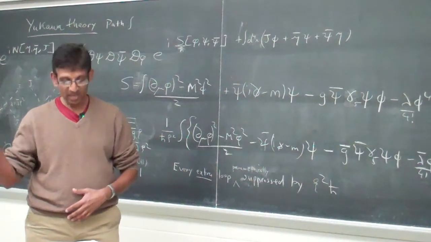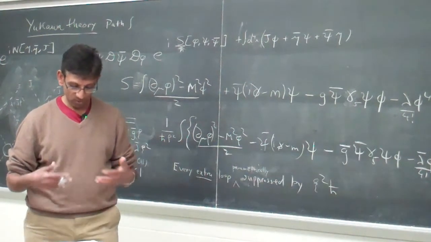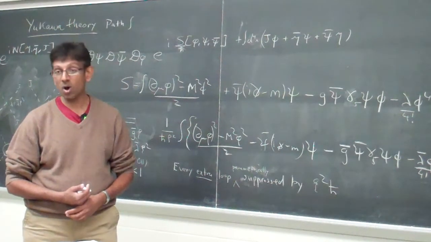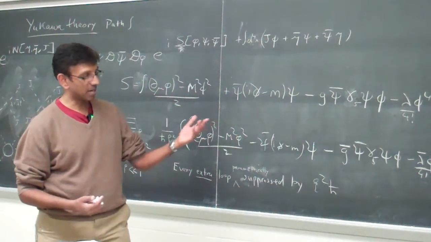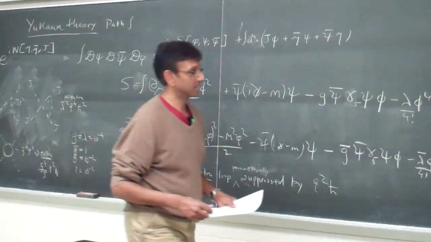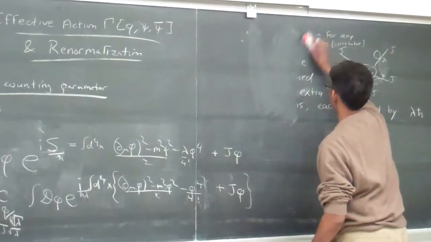You can do WKB and various other semi-classical methods. In the path integral, there's a uniform way of seeing why something would ever be classical, even though you're doing path integrals. And the idea is simple. I'll just say it in the case of field theory.